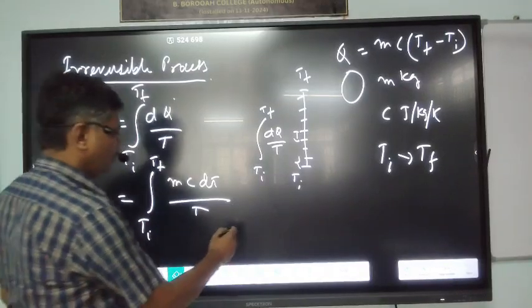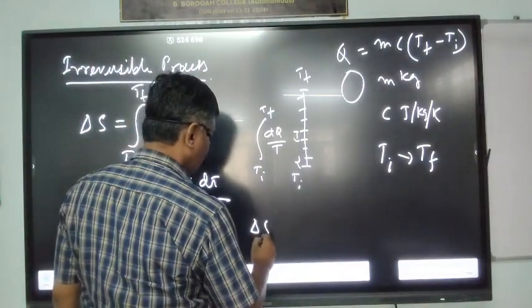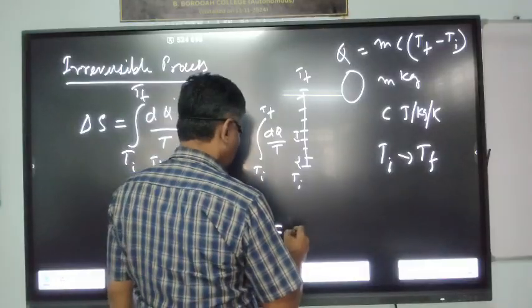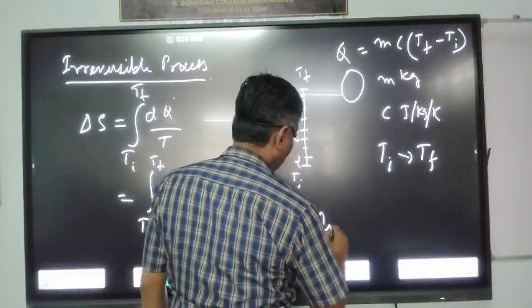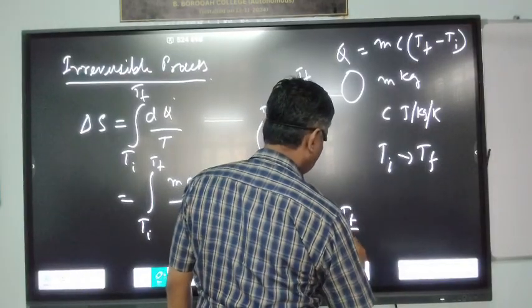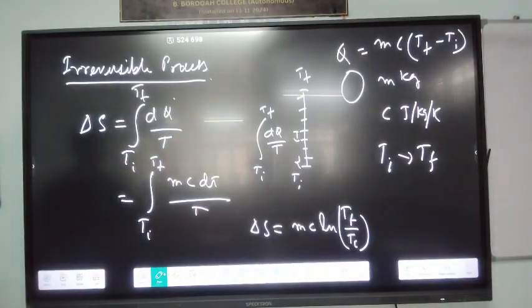This will give me delta S equal to mc ln of Tf by Ti. So this is the change in entropy while going from the temperature Ti to Tf.